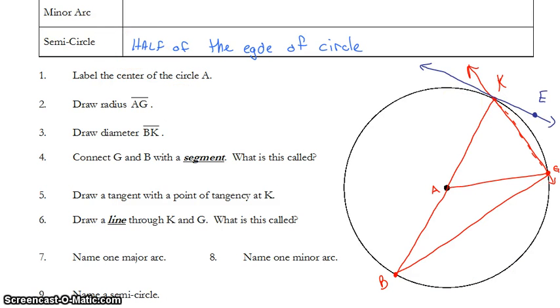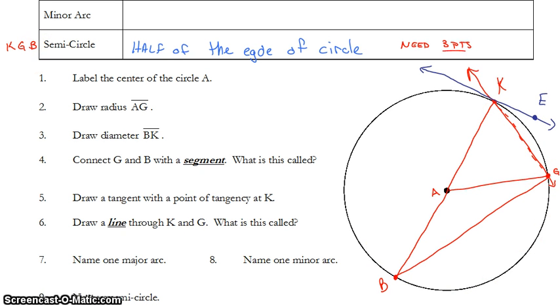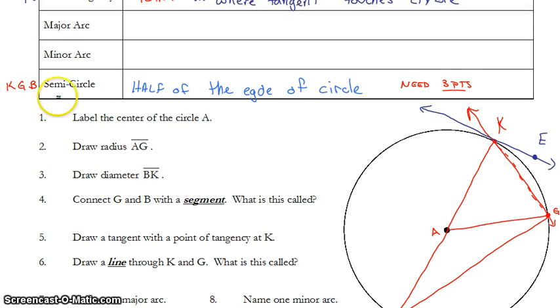If it is a semicircle, I need 3 points on the edge to name it. And I'm going to name those points in order. So I started at K. I went through point G on the outside, and I could stop at point B. So naming a semicircle, I need 3 points.